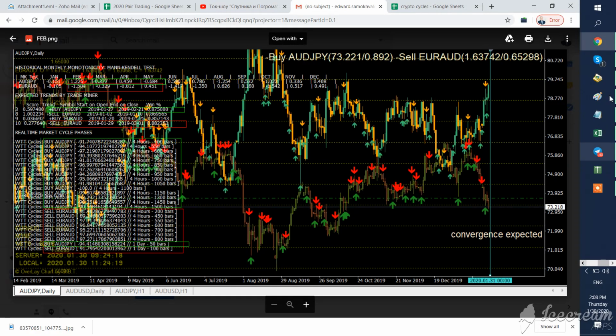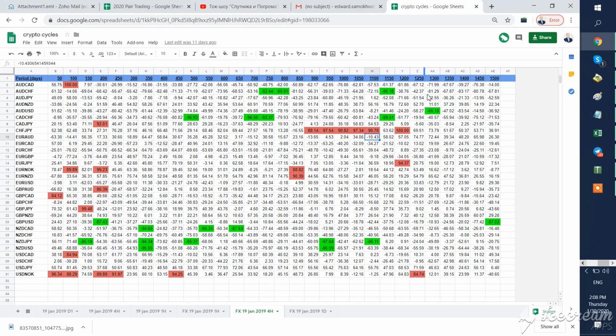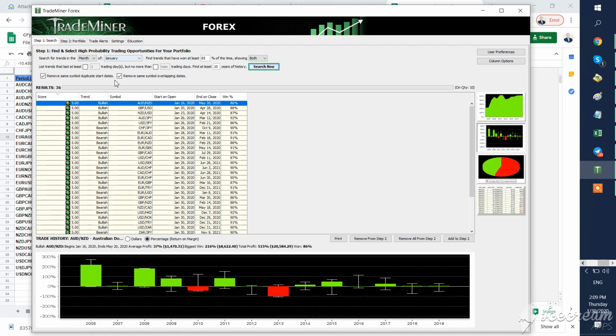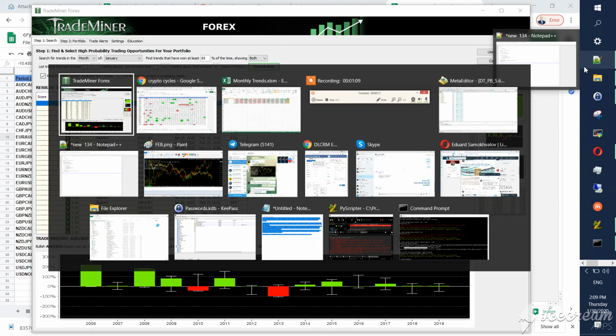Then I used to have those cycles for the market, that is real market cycles with different periods ranging on these columns, and different instruments as rows. And then I used to have that data from Trend Miner, which I have extracted for every instrument and for every month. And now finally I got everything onto one chart, just one chart, and we're here.